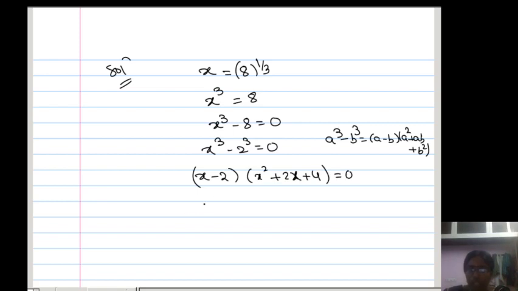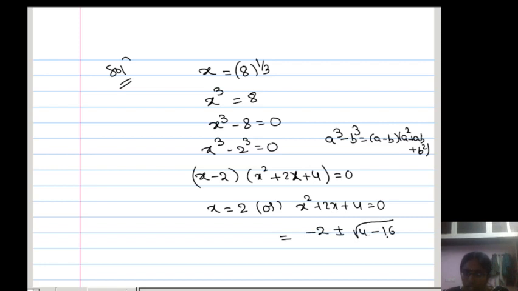is equal to 0. Now I want to find the x value. What is the x value? Either this is 0 or this is 0. Either x is equal to 2 or x square plus 2x plus 4 equal to 0. So x square plus 2x plus 4 equal to 0 is a quadratic equation, and we can find the roots by using minus b plus or minus under root of b square minus 4ac by 2a.